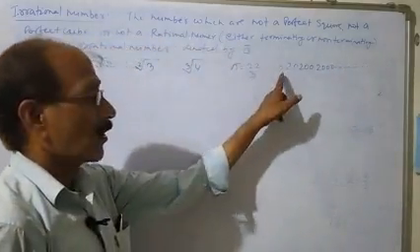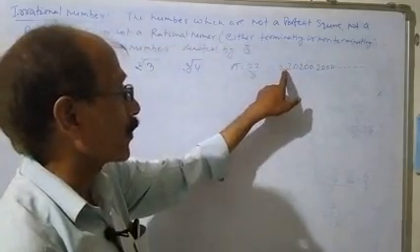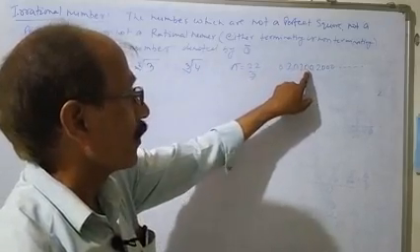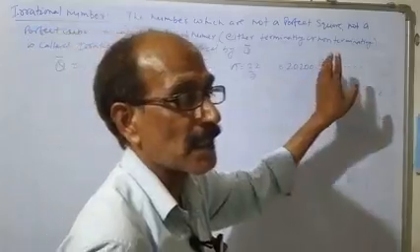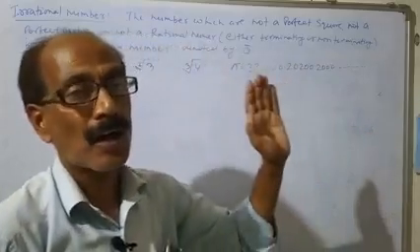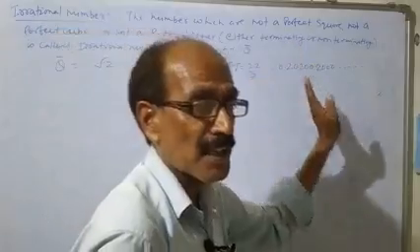Here it is non-terminating and not repeating. Similarly, this is non-terminating and not repeating. It is not a rational number. It is an irrational number.